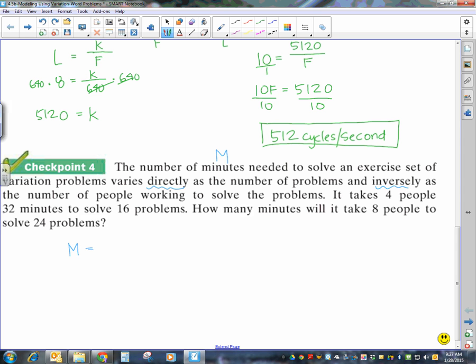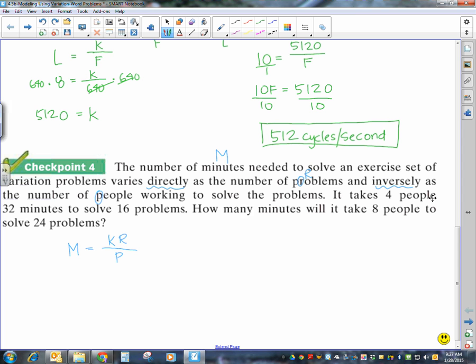We have direct and inverse together. So that means I have a fraction and k is on top. Directly as the number of problems. We have problems and we have people. So I'm actually going to call my problems R and my people P. So directly with the number of problems and inversely with the number of people working.